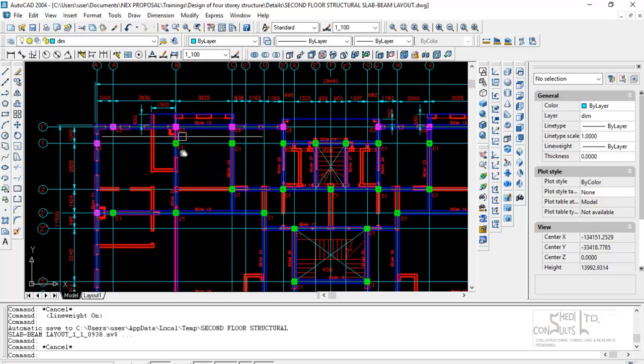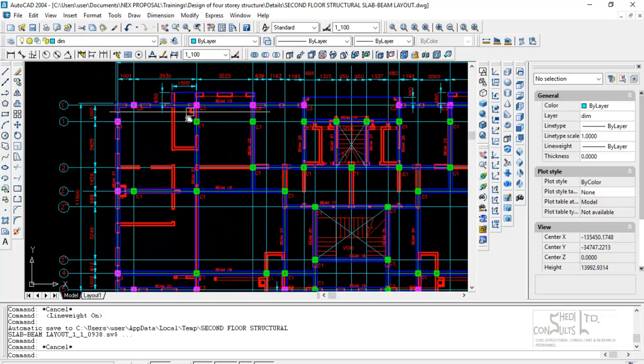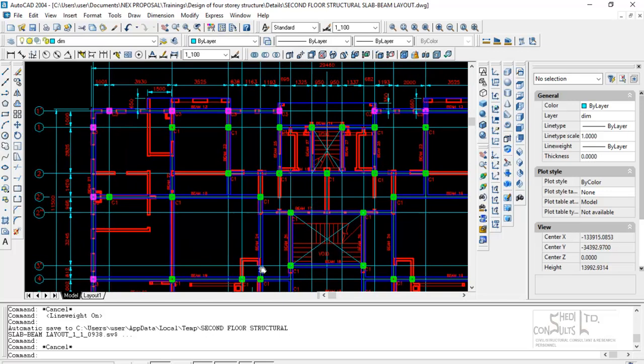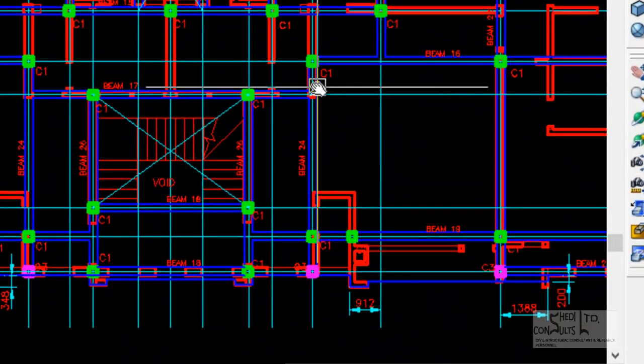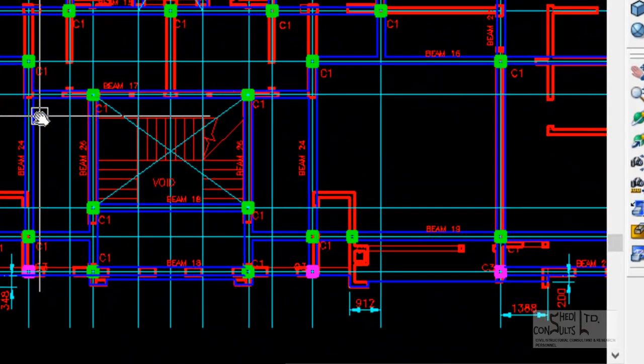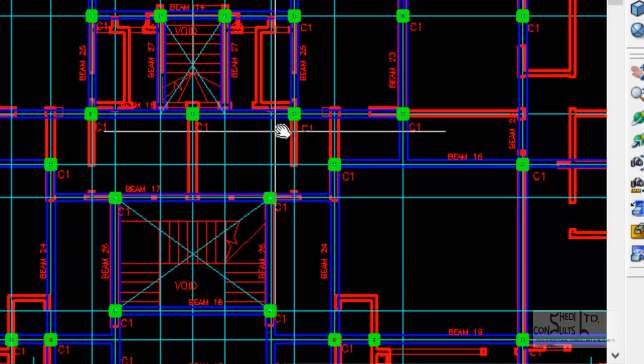So you look at that, so we could see we have those beams there, that beam there, we have this beam here, we have these beams. You position your beams as much as possible. Again, you try to frame your beams where you have your walls.